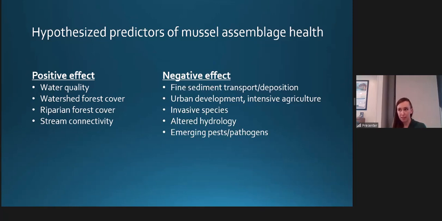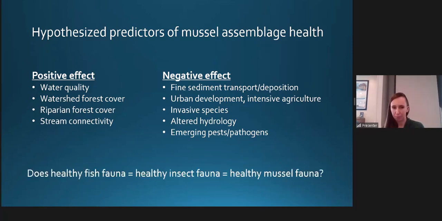And conversely, we expect watersheds that have a lot of fine sediment transport and deposition, high urban development and intensive agriculture cover, a lot of invasive species, altered hydrology, or emerging pests and pathogens might be associated with poor mussel assemblages that have poor condition.